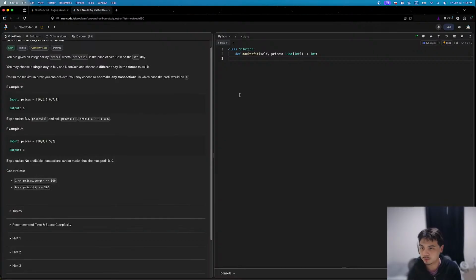Buy on the second day. Okay, so it's a sliding window problem.